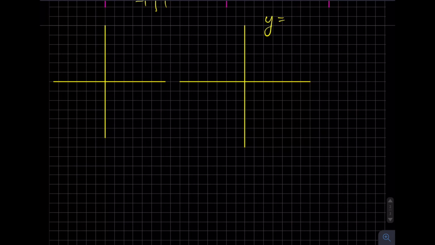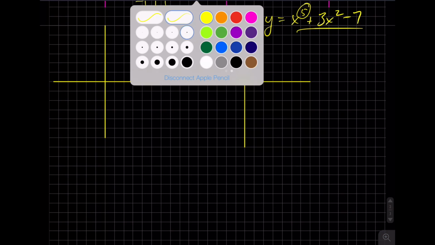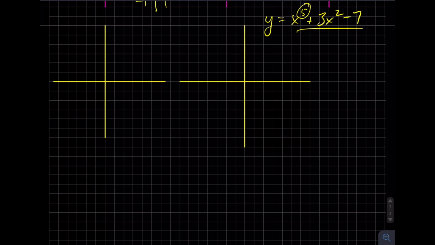So let's say I have y equals x to the 5th plus 3x squared minus 7. I have no idea what that looks like, but it could have as many as this many turns or changes in direction. So it could have 1, 2, 3, 4 changes in direction, n minus 1 changes in direction.